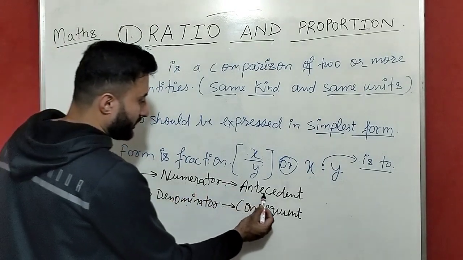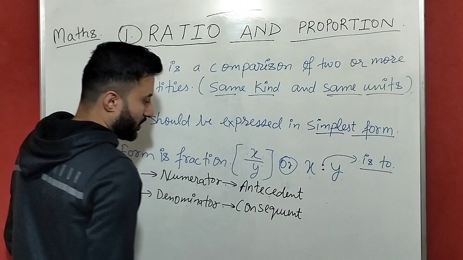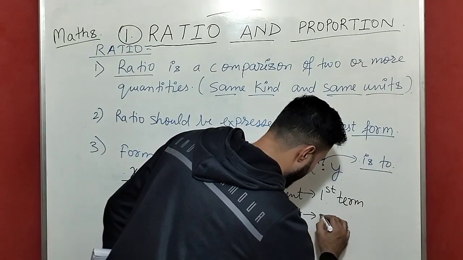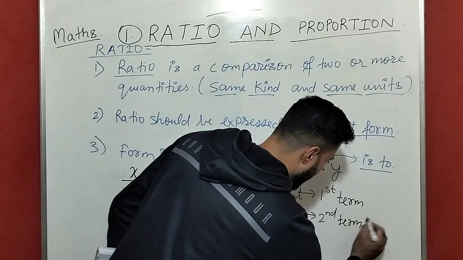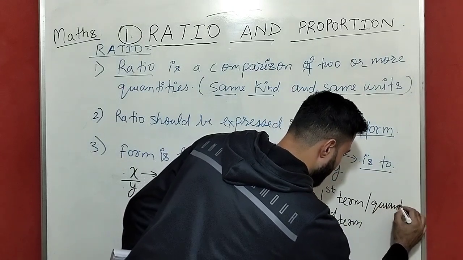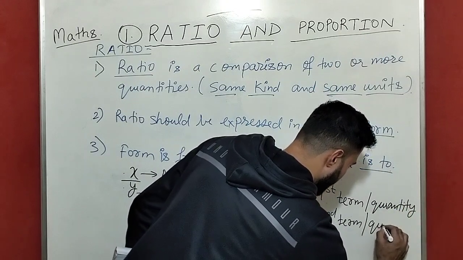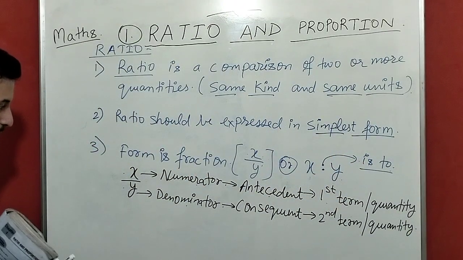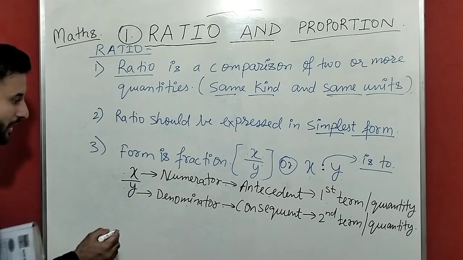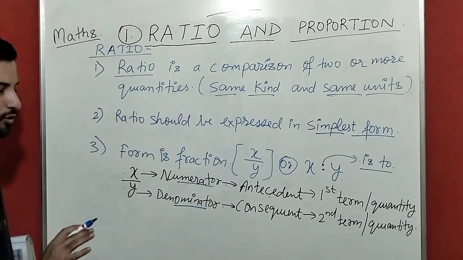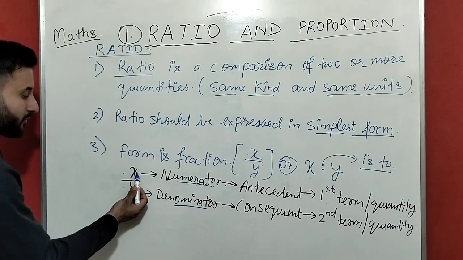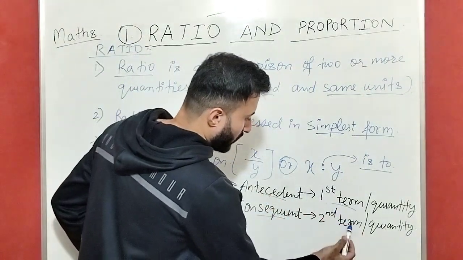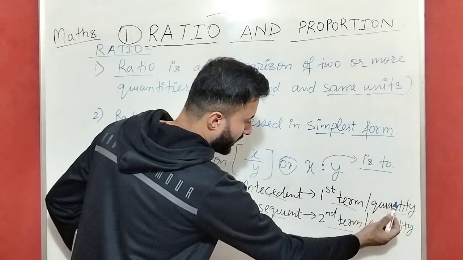X is antecedent, y is consequent, or x is called the first term, y is called the second term, or x is called the first quantity, y is called the second quantity.